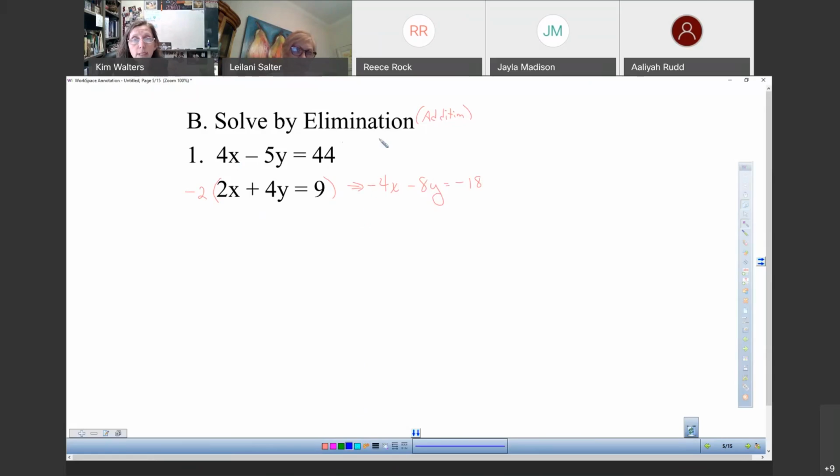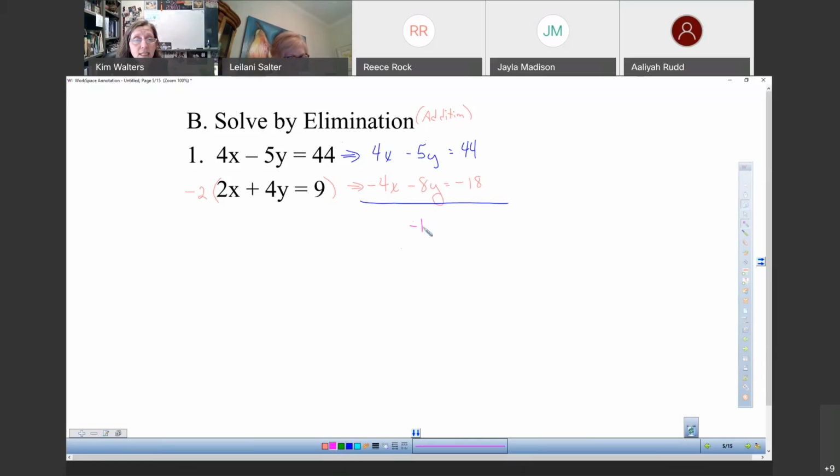And so I'm going to keep my first equation, so 4x minus 5y is equal to 44. But because I manipulated the second equation, now when I add them together, I eliminate my x's. And that was the point here. And so I have 0 x's.